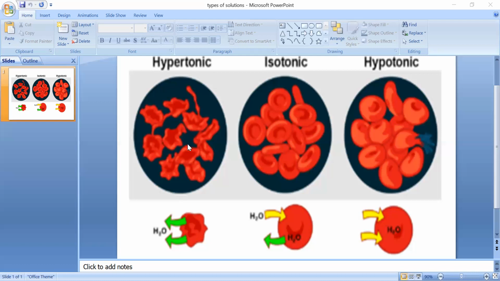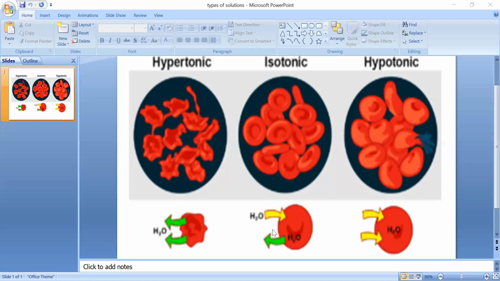These are animal cells. In the second case, children, if the medium has exactly the same water concentration as the cell, so that there is no net movement of water across the cell membrane, such a solution is known as isotonic solution.